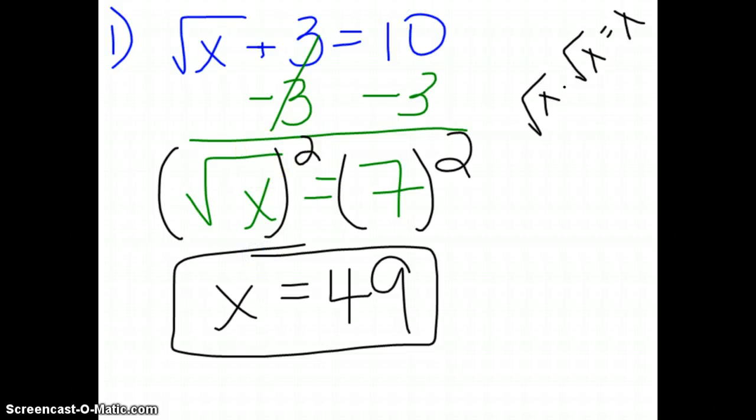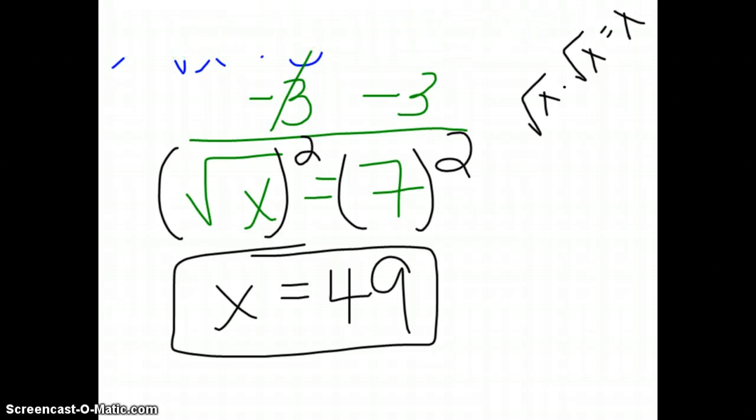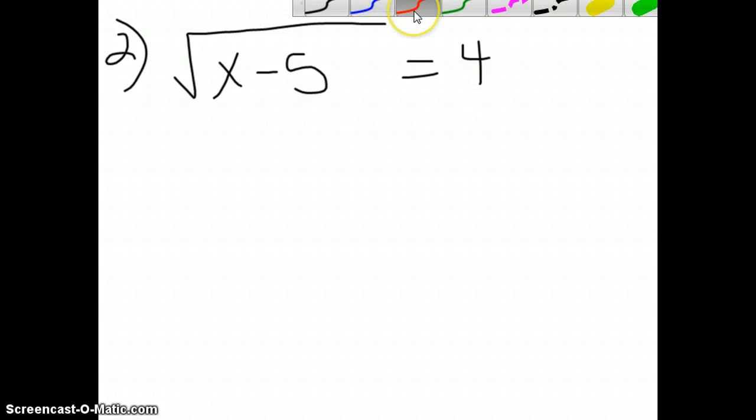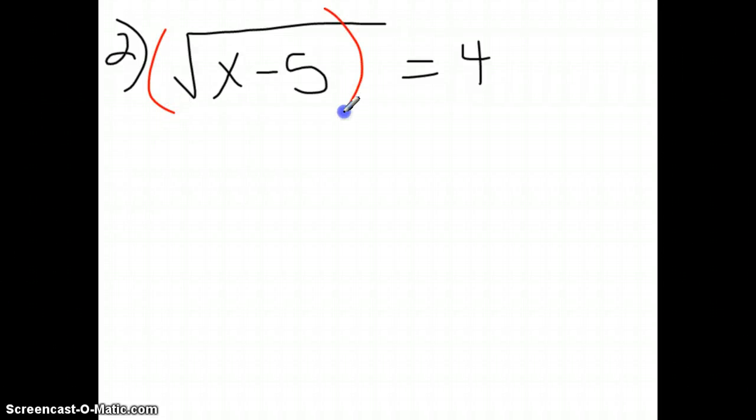Alright, let's do another example because of course they don't stay that basic. Example number 2. So this is the square root of x minus 5 equals 4. So right off the bat, I do have an isolated radical. There's nothing being added or subtracted or multiplied to it. So we are just going to go straight to squaring it.